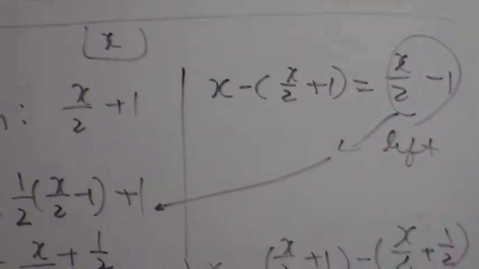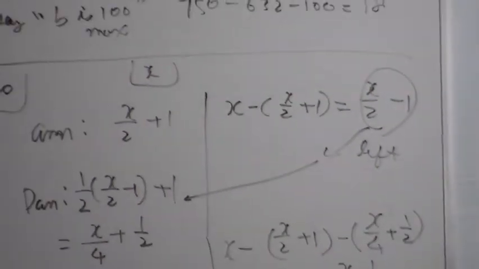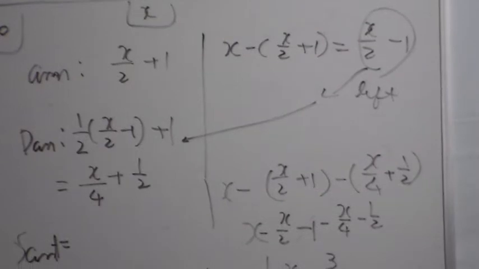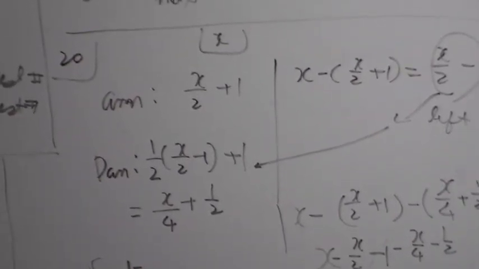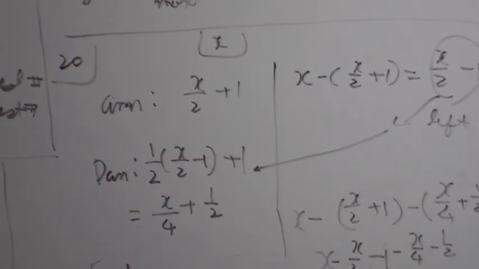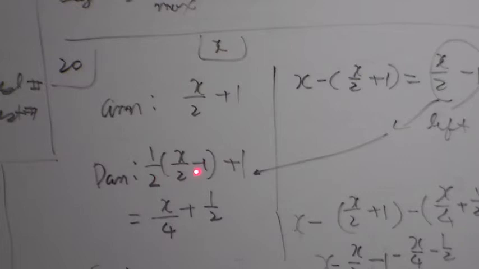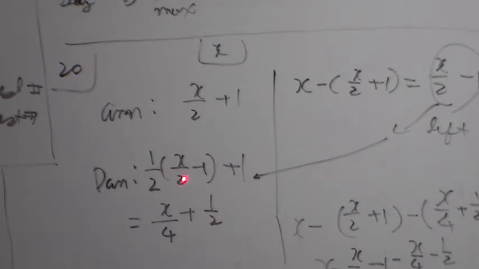Then the next person takes half of the leftover, then plus $1. So half of the leftover is half of (X over 2 minus 1), and he got $1 more from the box.